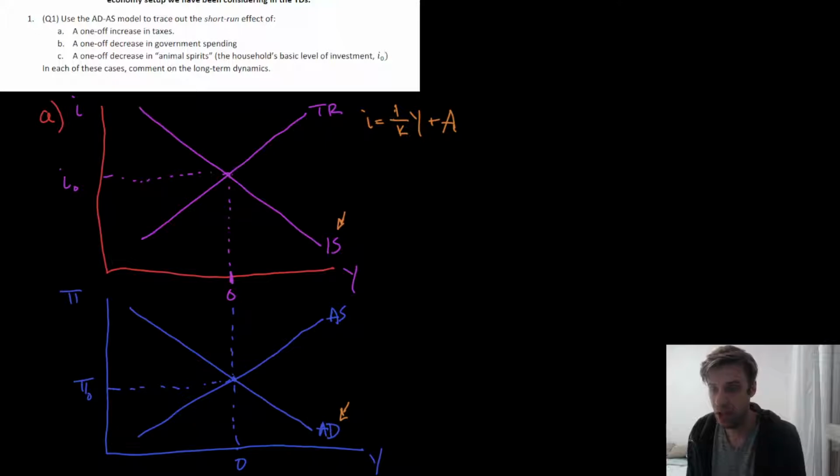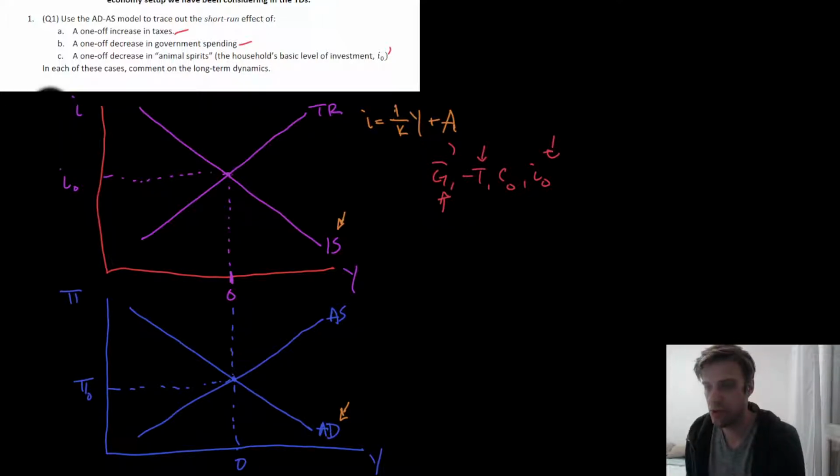So inside of A, we had things like G bar. We had things like minus T. We had things like C0, things like I0. And if we look, taxes, that's here, that's minus T. We have government spending, that's G bar, that's here. And then we have animal spirits, I0, that's right here. So actually every single A, B, and C is going to be the exact same analysis.